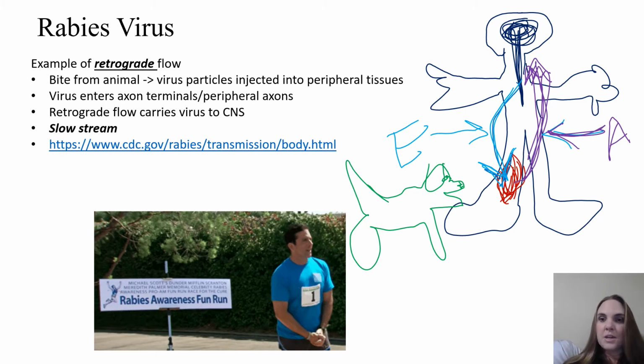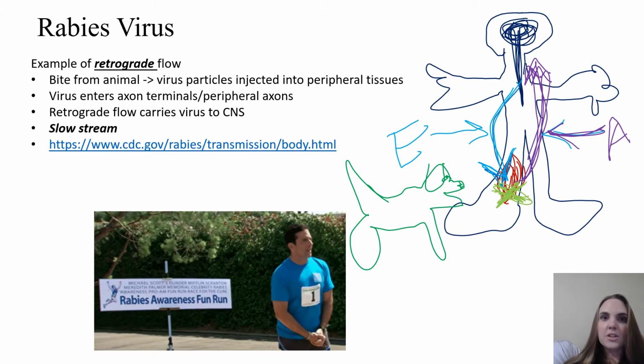And then the animal becomes aggressive, which is good for the virus because that animal is then going to bite the person. So this is our bite right here. And those viral particles that are in the saliva are going to be injected into that skeletal muscle.